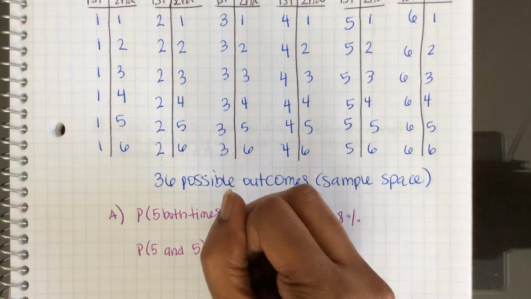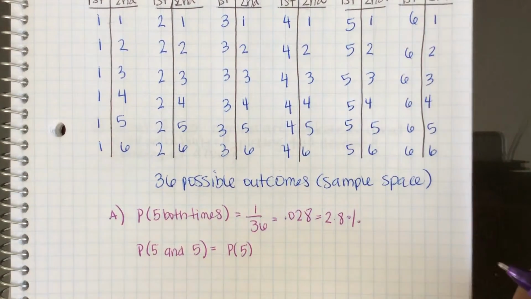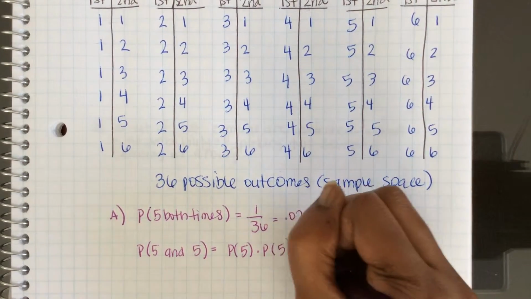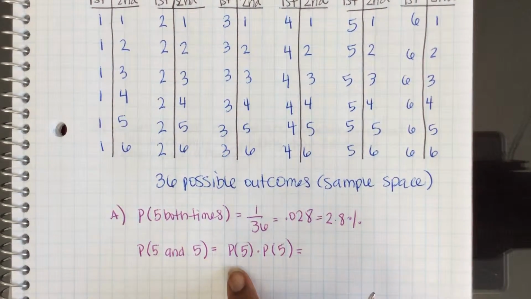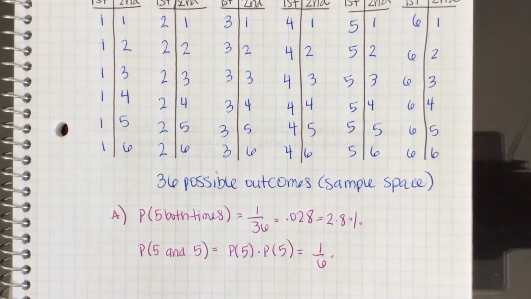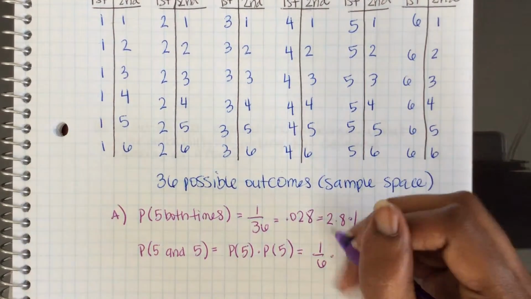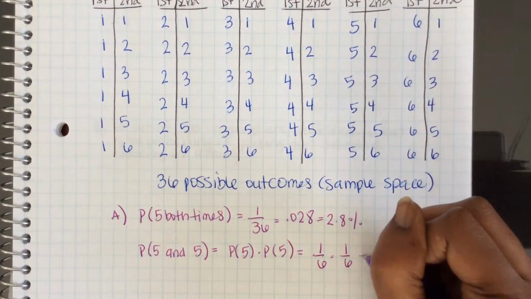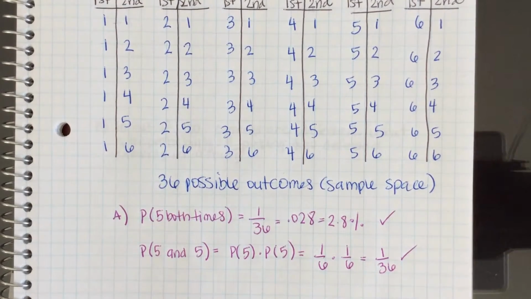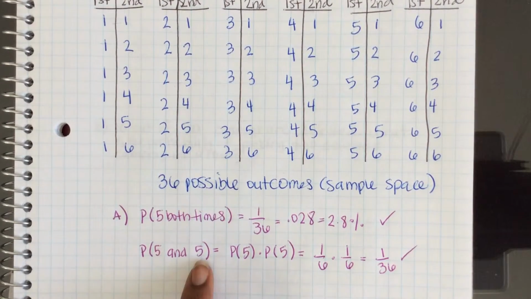Well, that's going to be probability of a 5 on my first roll multiplied by probability of a 5 on my second roll. Well, on my first roll, the probability of rolling a 5 is 1 out of 6, multiplied by the probability of rolling a 5 my second time, which is going to be another 1 out of 6. I still get 1 out of 36, same answer, whether you use a sample space or you use the multiplication rule.